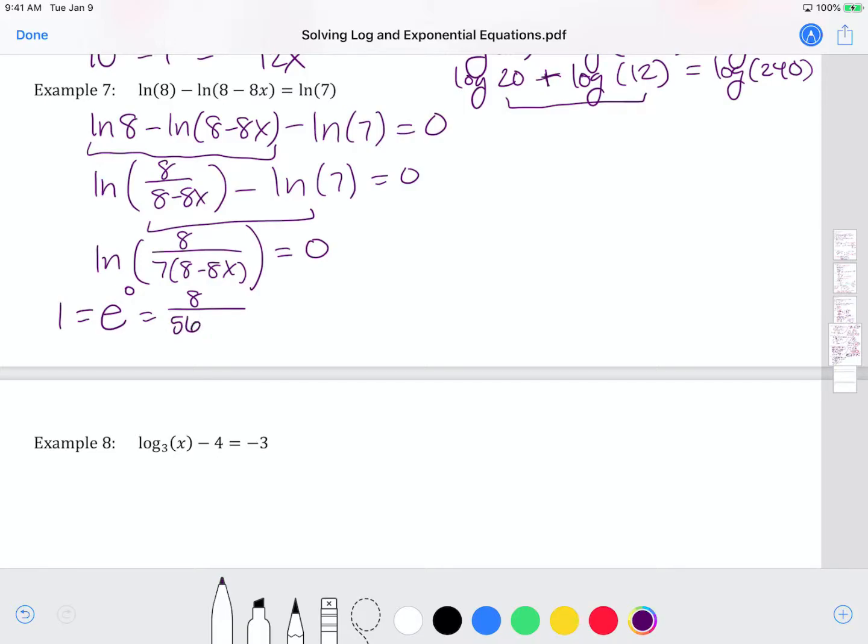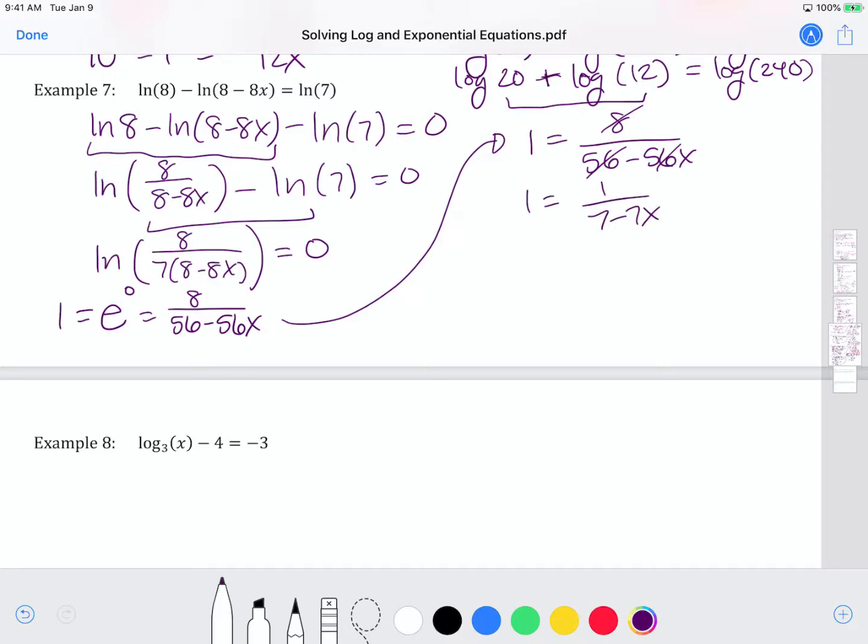That gives me 56 minus 56x. So this is what I have so far. I can actually divide the 8 into all of these. Let's make it easier. That would give me 1 over 7 minus 7x.